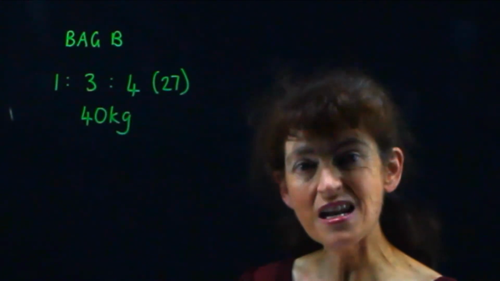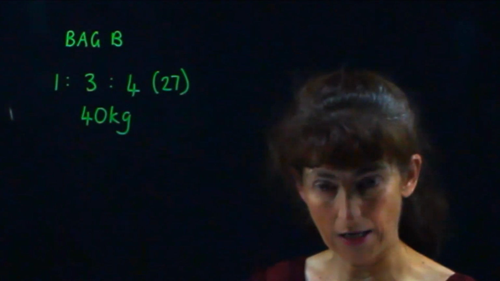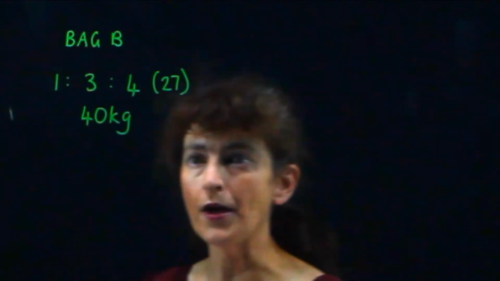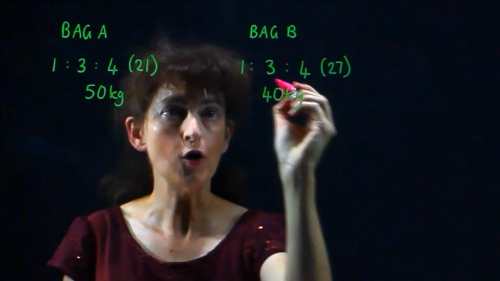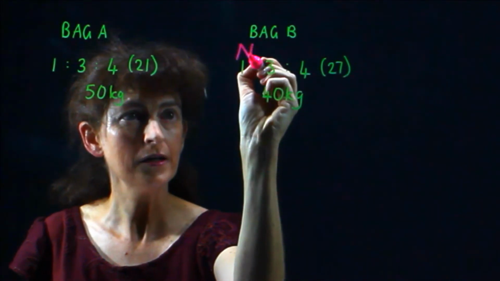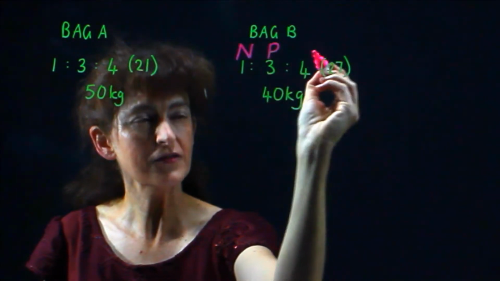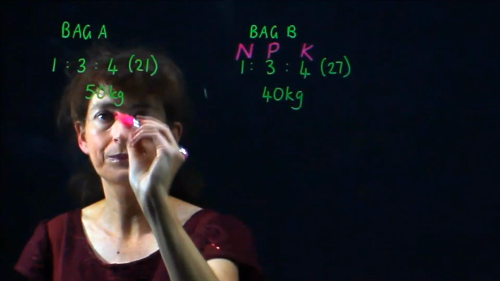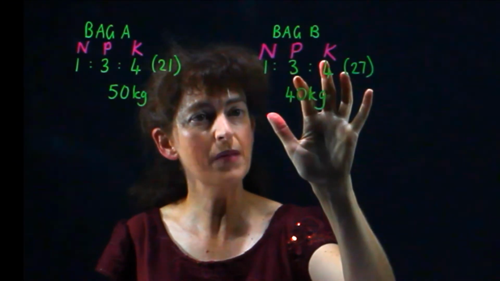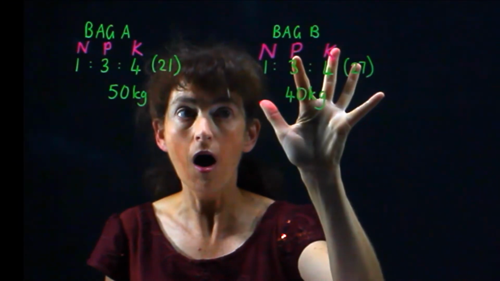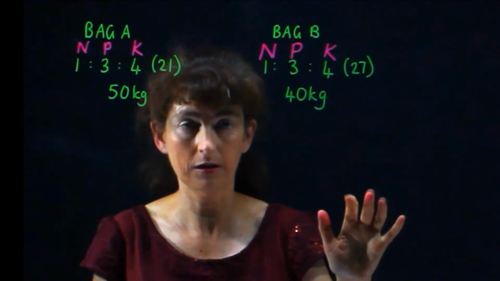This is the NPK value, or ratio rather. What does that mean? This gives us the mass ratio of nitrogen to phosphorus to potassium. This is by mass, not by moles. So there are 3 times as many kilograms of phosphorus as there are nitrogen, for example.